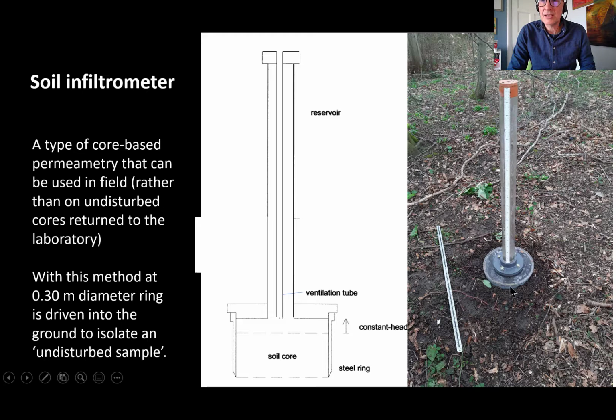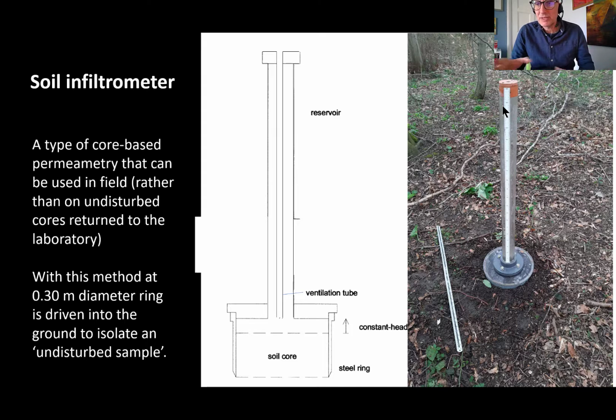And you can see they consist of a metal ring which is driven into the soil and then a reservoir tube above it which provides a reservoir of water which is going to move through that ring and into the soil. And we're interested in how fast that water moves through the ring so that we can calculate the hydraulic conductivity.